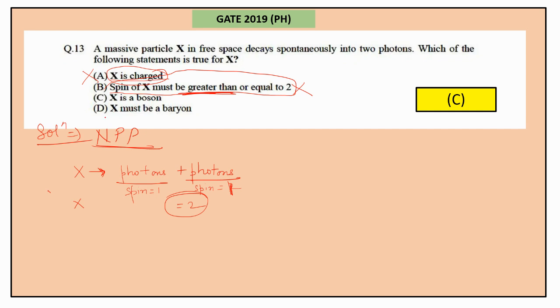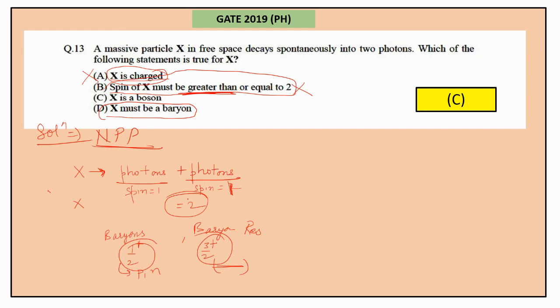Now D is X must be a baryon. So in the last class, we learnt about baryons, and we know that there are two kinds of baryons and baryon resonances, right? One is angular momentum 1 by 2 with parity plus, and the other one is 3 by 2 positive. Proton and neutron come under this.